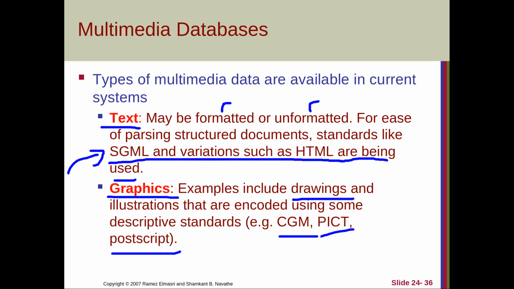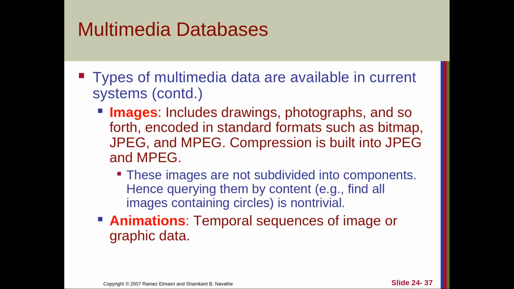The third type of multimedia data is images. We are using a large number of images. They include drawings, photographs and so forth, encoded in standard formats such as BMP, JPEG or MPEG.